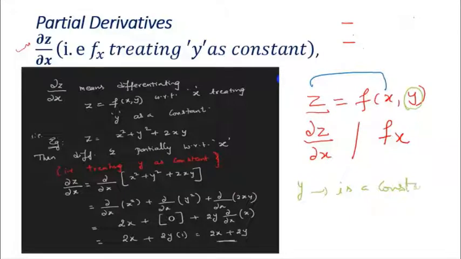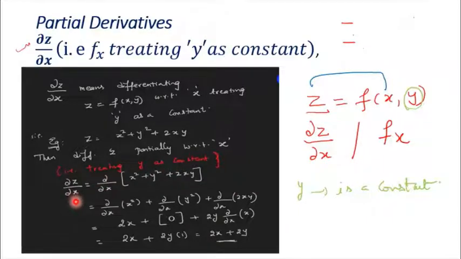How do you treat a constant when you are differentiating? The same way. Let us look here. Dou z by dou x means differentiating z is equal to f of x y with respect to x, treating y as a constant. Example: z is equal to x square plus y square plus 2xy. Differentiate z partially with respect to x, treating y as a constant.